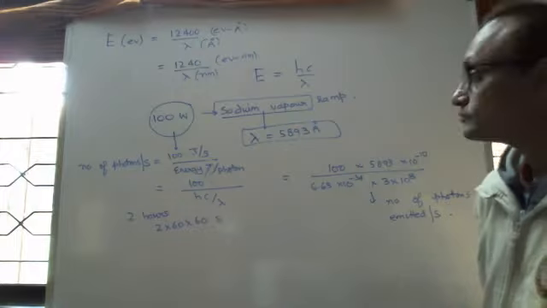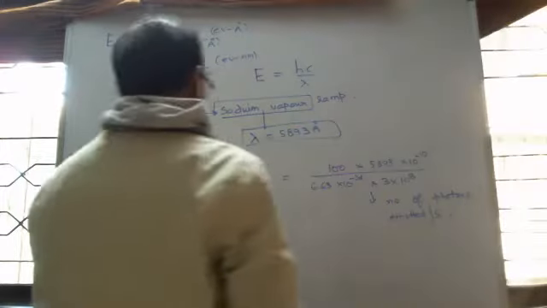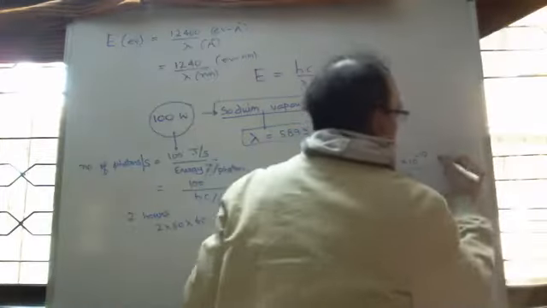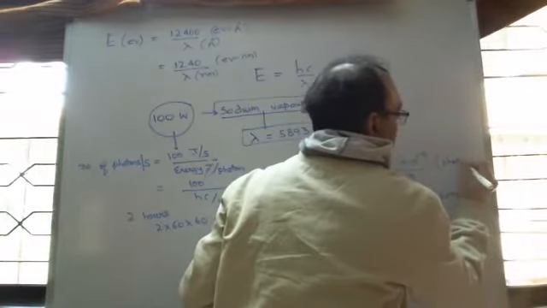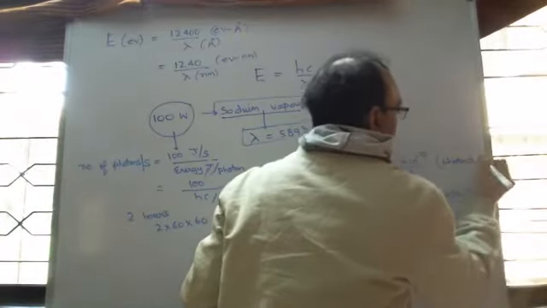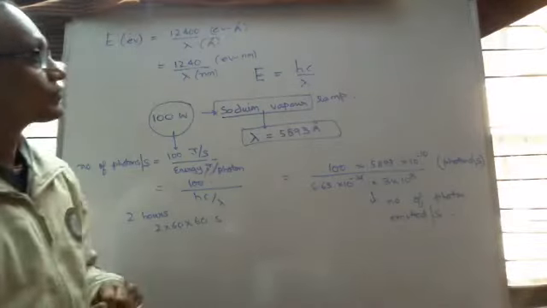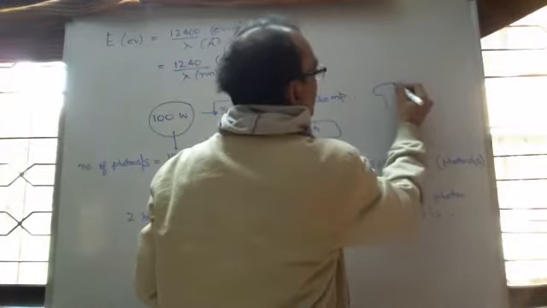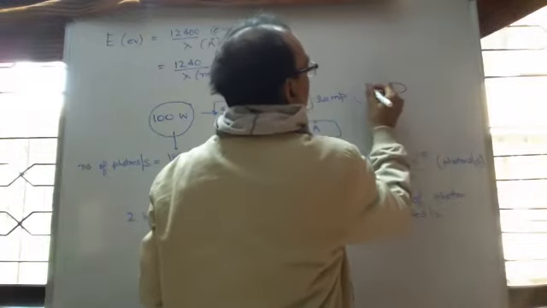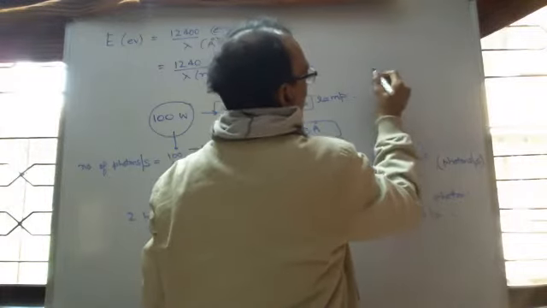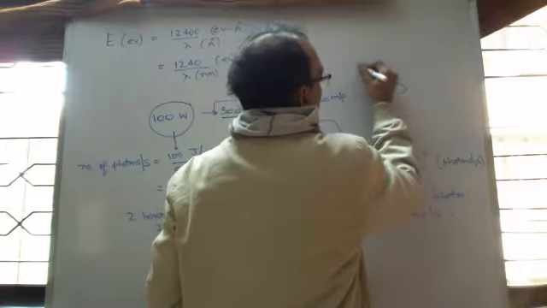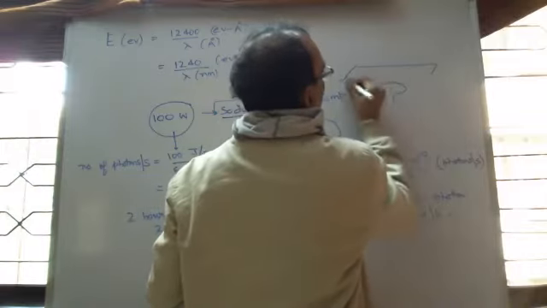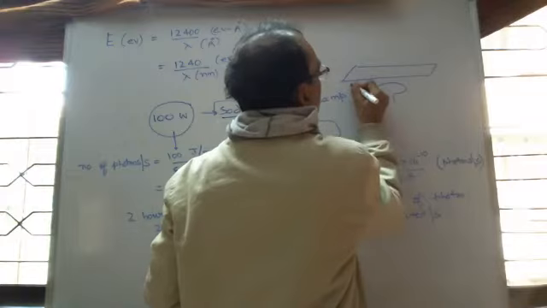Acha, ab ye, you know, this is photons per second. Now this is, say, the 100-watt lamp, and say the entire energy falls on a surface.